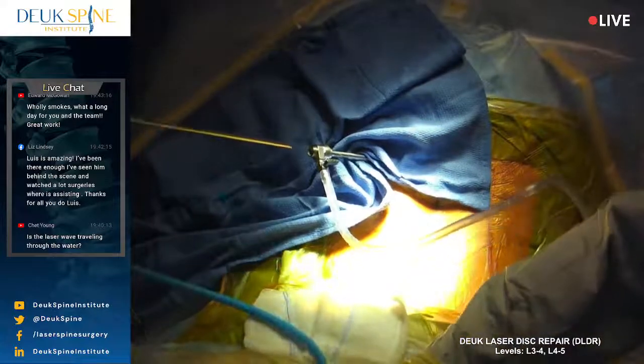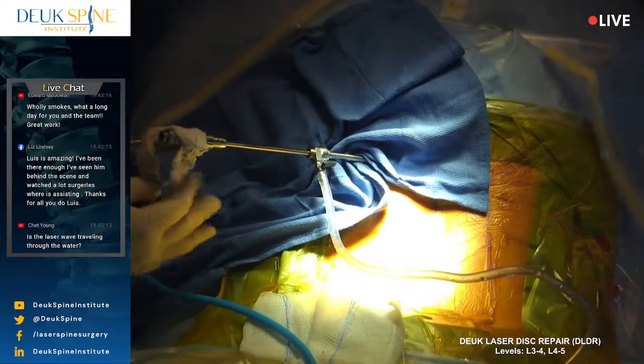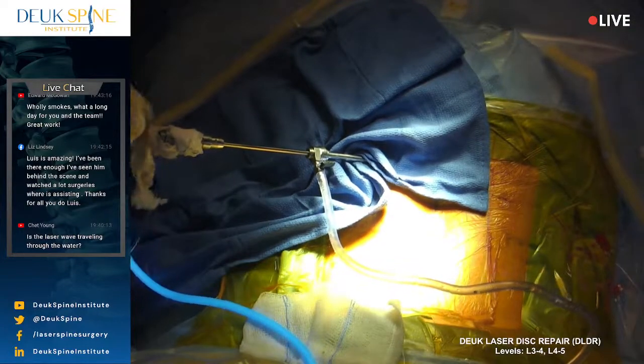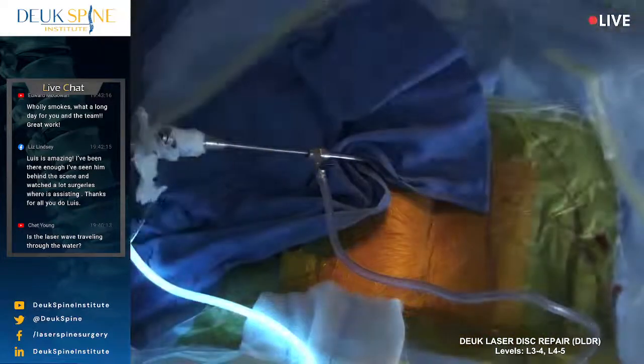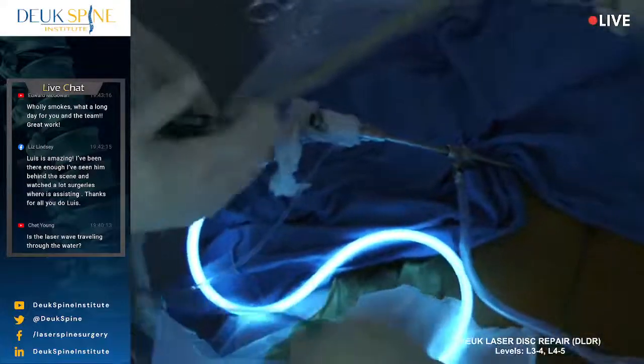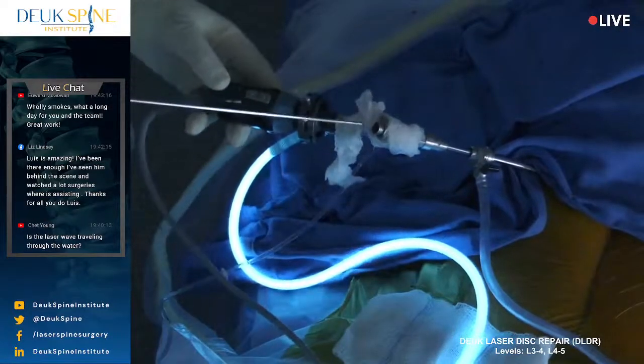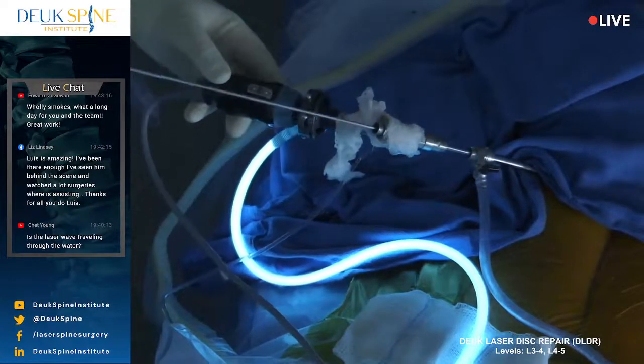It's pH stable and neutral. Basically, it's just like serum. So, long story short, it is cold, and it carries away the heat from the laser interacting with the tissue.